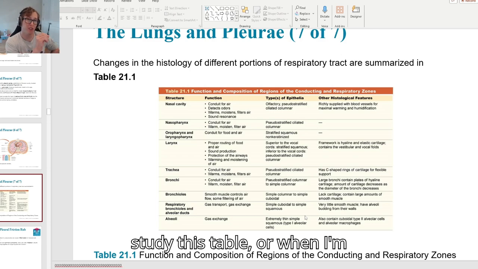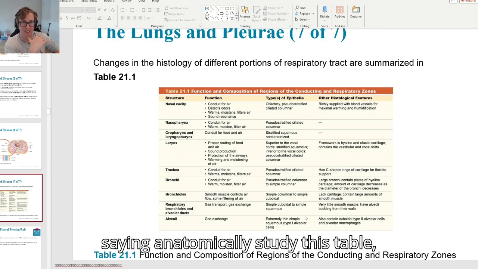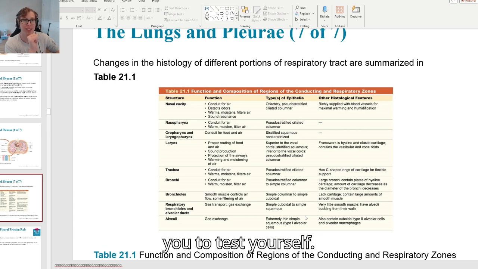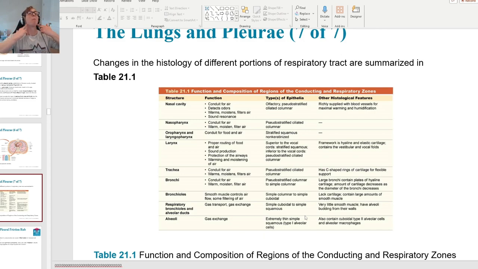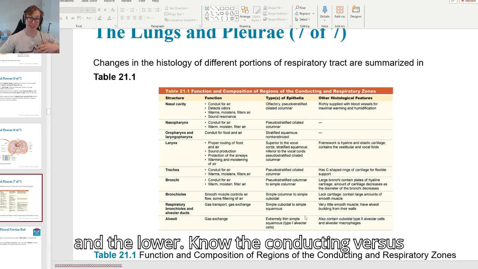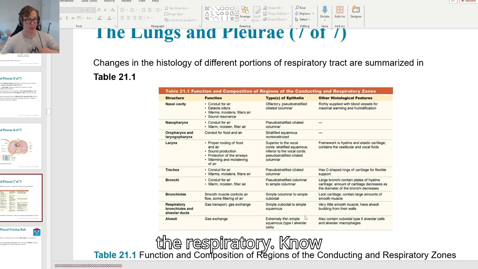So when you study this table, or when I'm saying anatomically, study this table, what I'm really looking for is for you to test yourself. Know the pathway. You breathe in and out. Know the upper and the lower. Know the conducting versus the respiratory.